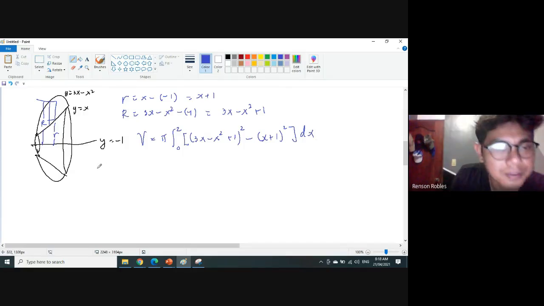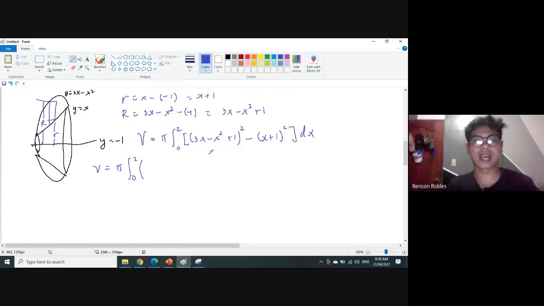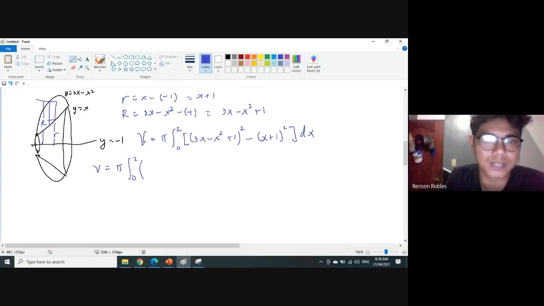Solve natin. V equals pi, 0 to 2. Then this is the square of a trinomial. For the square of a trinomial, that's the square of the first plus the square of the second plus the square of the third, plus twice the product of the first and the second, twice the product of the second and the third, and twice the product of the first and the third. This is the first, second, third. So you have the square of the first, 9x squared, plus the square of the second, which is x to the 4, plus the square of the third, which is 1.